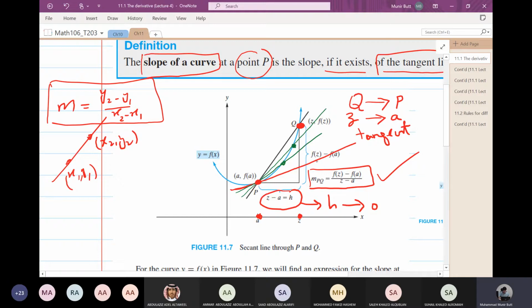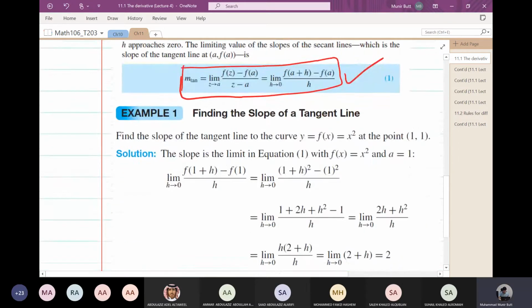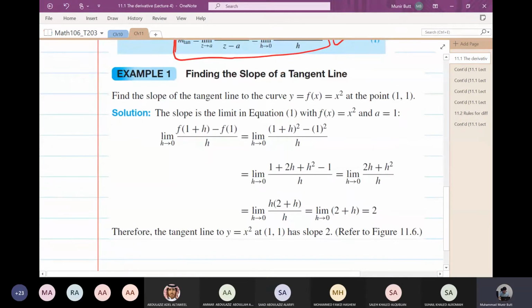The tangent is a straight line, and we know that the slope of a straight line is (y2 minus y1) over (x2 minus x1). This is the idea. Okay, so let us do one example so that we know how to do the questions.